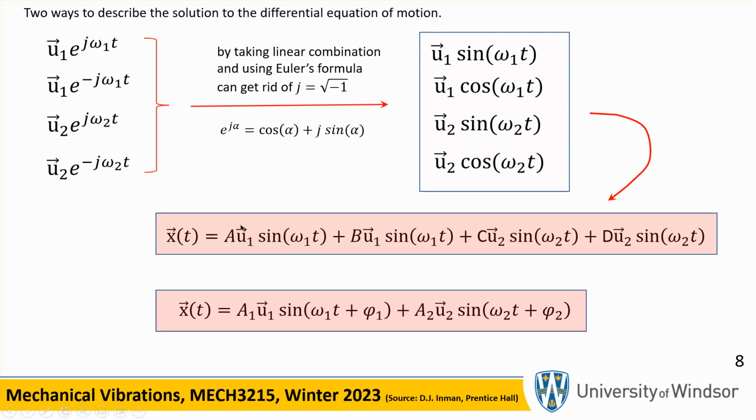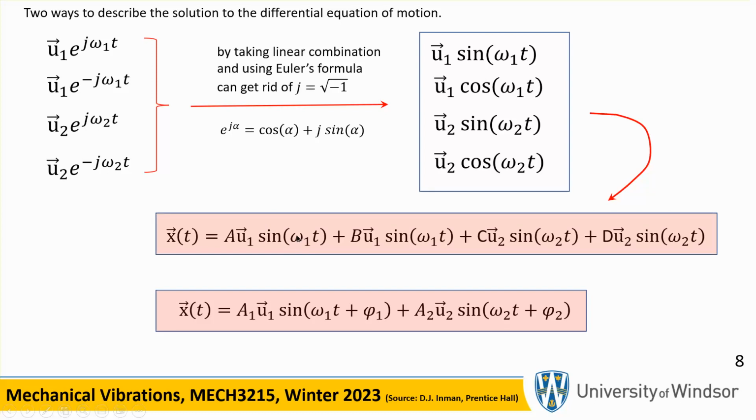Each one of these multiplied by a constant and added is going to be a total solution. But remember that whenever we have sine and cosine of the same frequency, instead of writing it like this, it is possible to write it in this form.